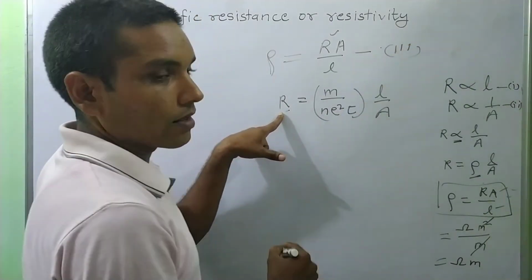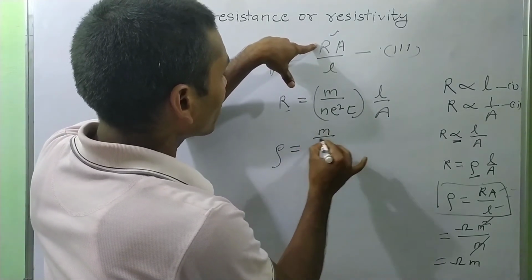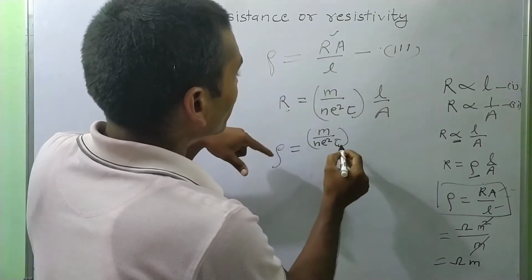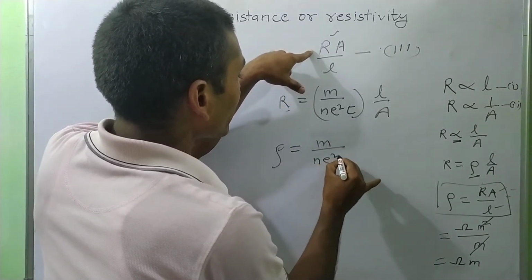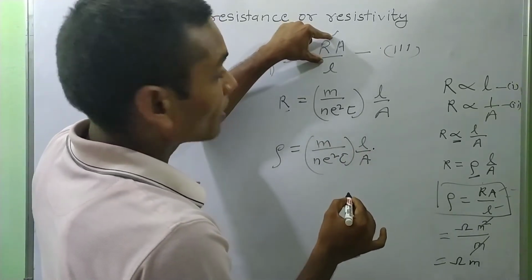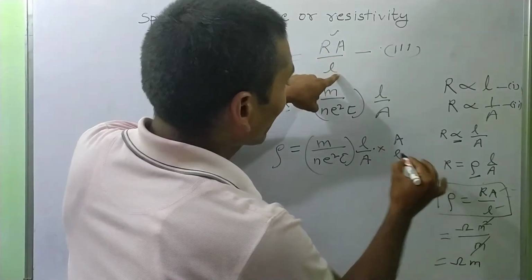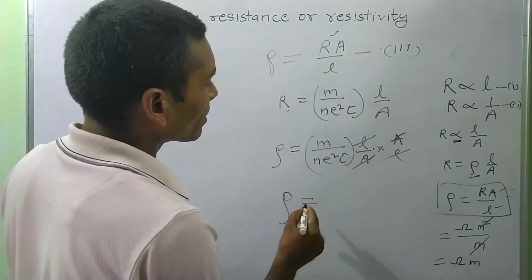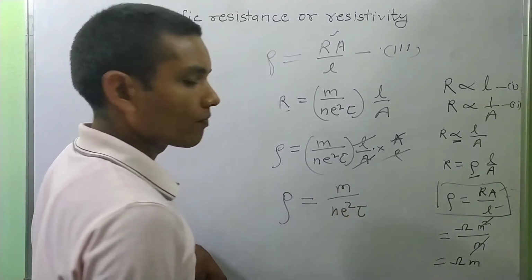this is the third equation. So rho will be equal to the value of R, which is m L upon n e squared tau A, multiplied by A upon L. So A cancels, L cancels, and rho will be equal to m upon n e squared tau.